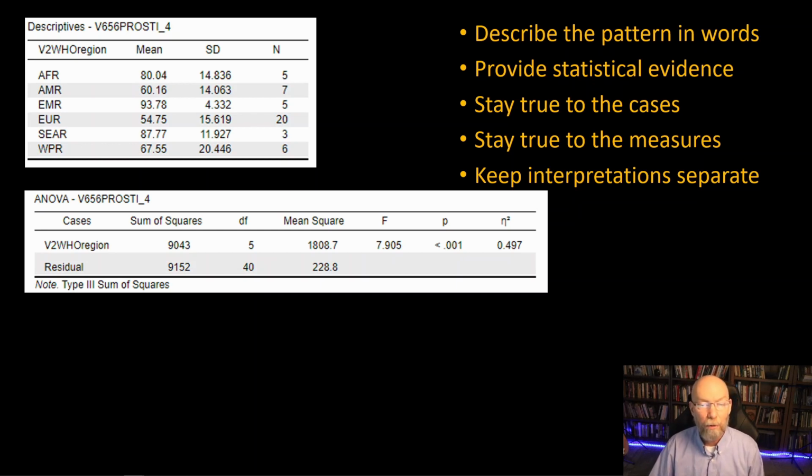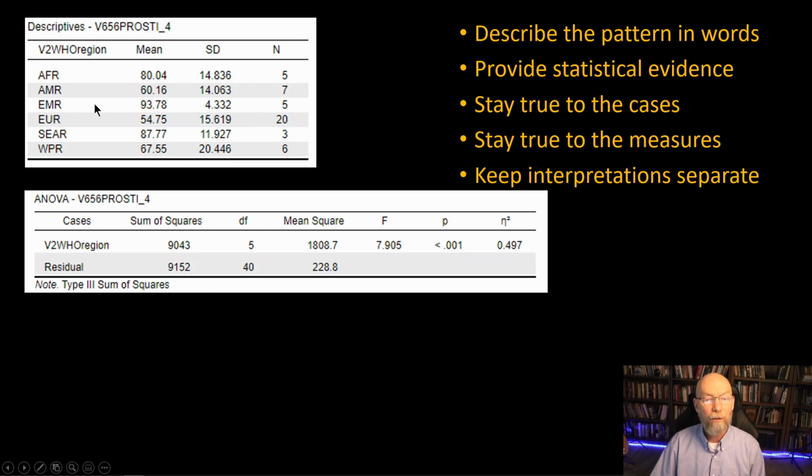Now, we also can note that the Western Pacific region has a great deal of variation, right? On average, countries varied 20 percentage points from the mean of 67. So these 6 countries have a real wide variety of views.